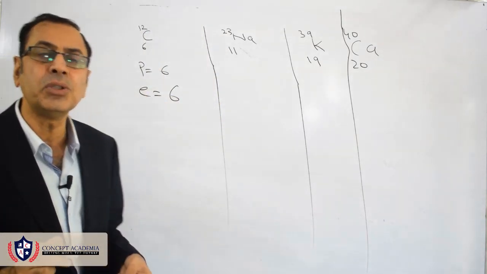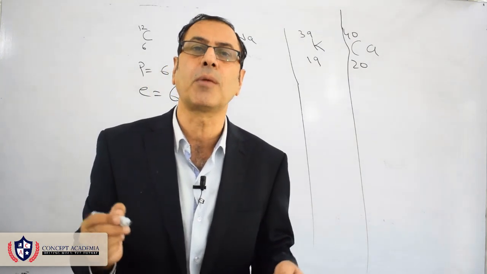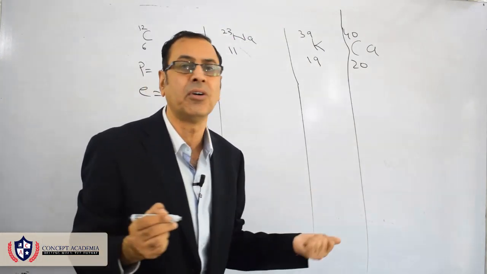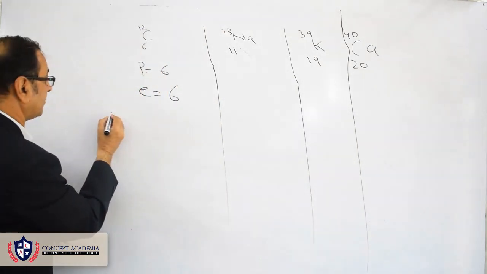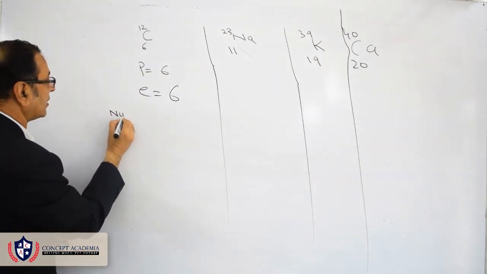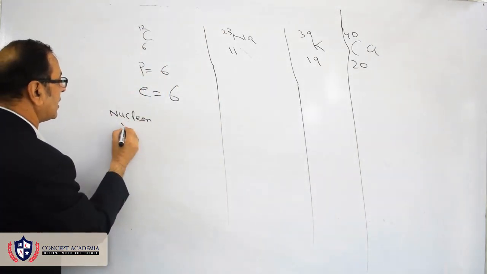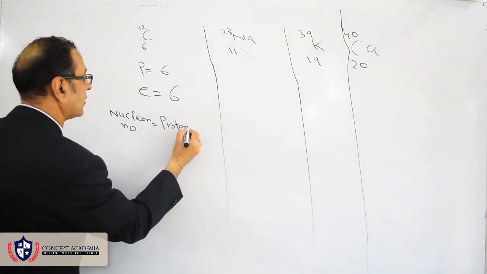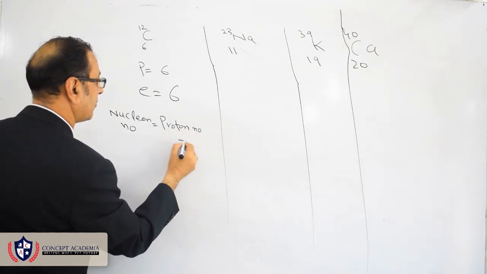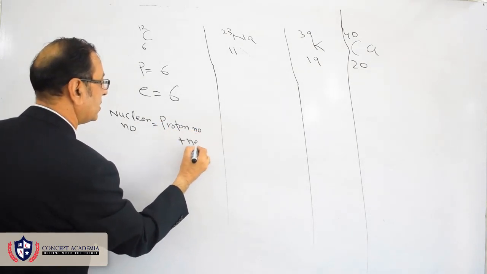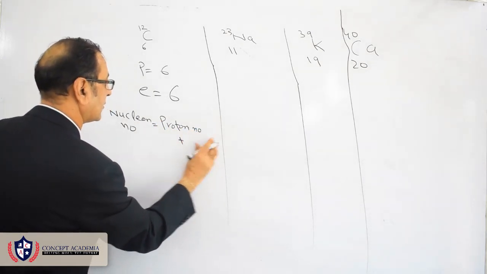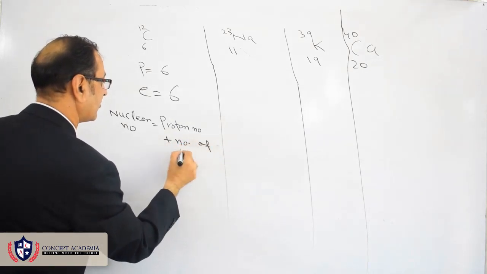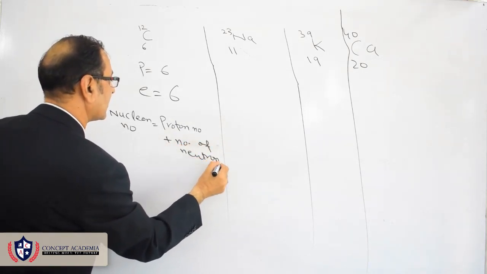To find neutrons, we need to apply the simple formula which I have discussed before: nucleon number equals the proton number plus the number of neutrons.